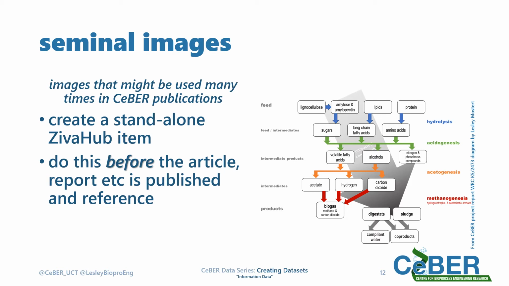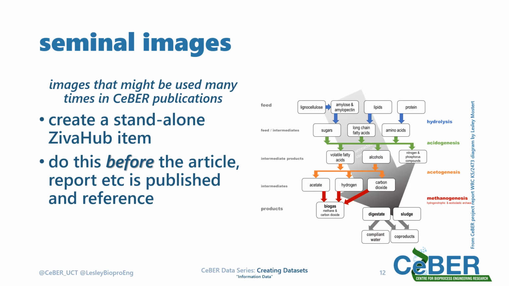and of course yourselves as the authors. This is very important, because when we publish images first in reports or journal articles, we end up using them multiple times and finding it difficult to make sure that we always reference them correctly. And images are difficult because you often have to get permission to reuse them.